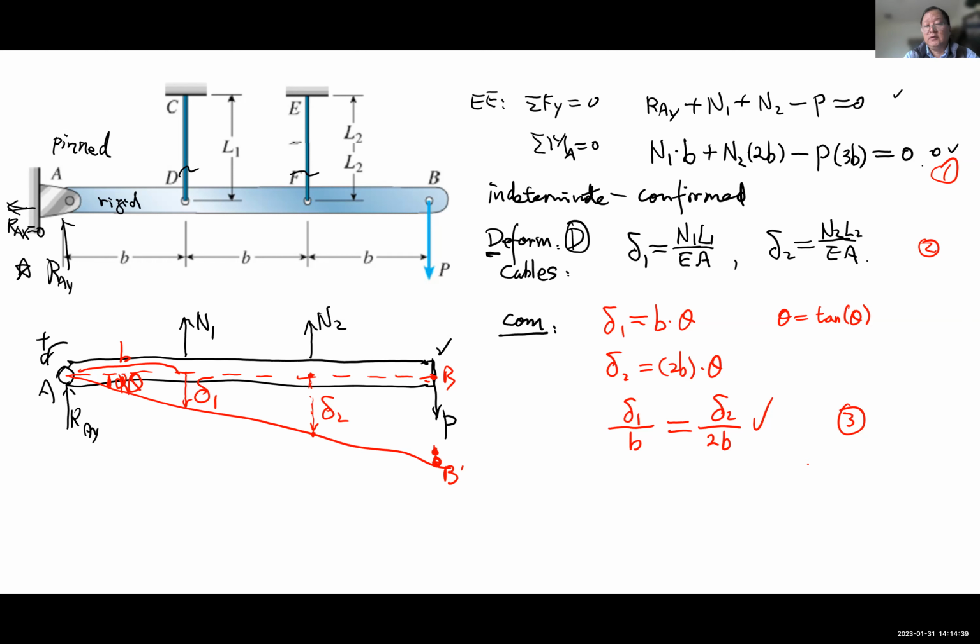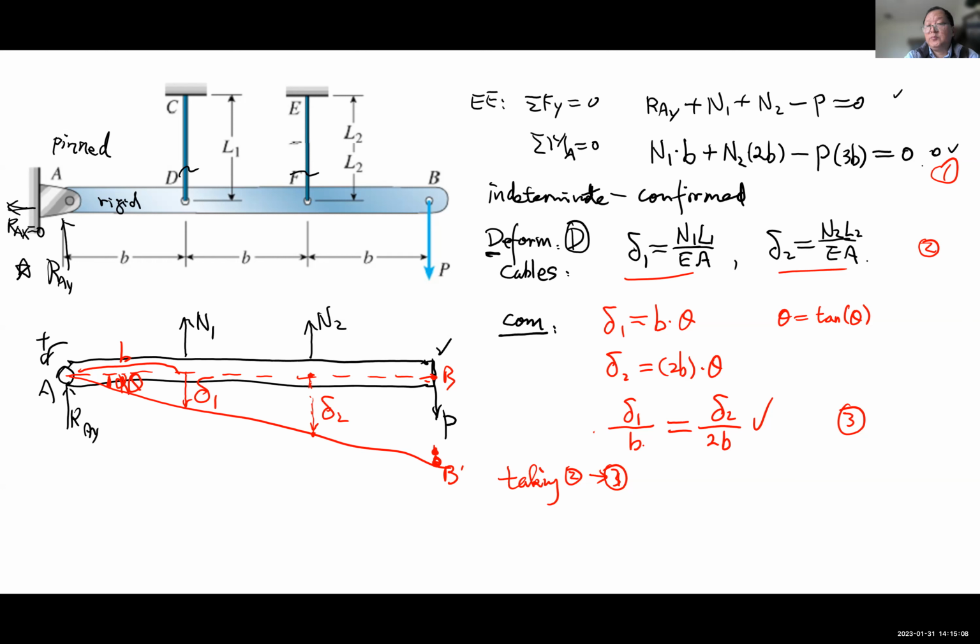So let's quickly give one approach to solve these three equations. This is just one approach: I'm taking equation 2 into equation 3. So what do I get?